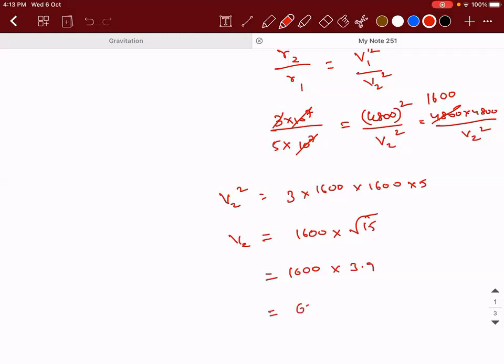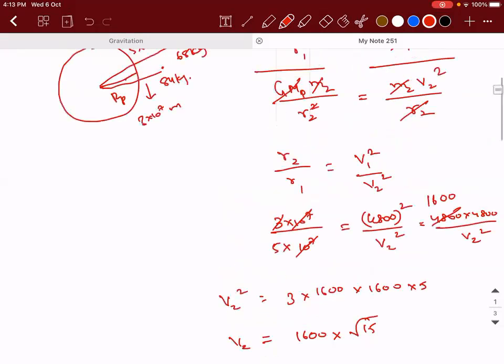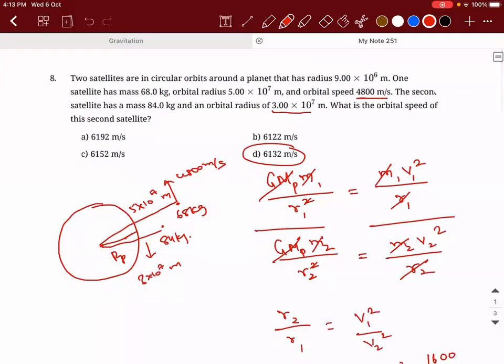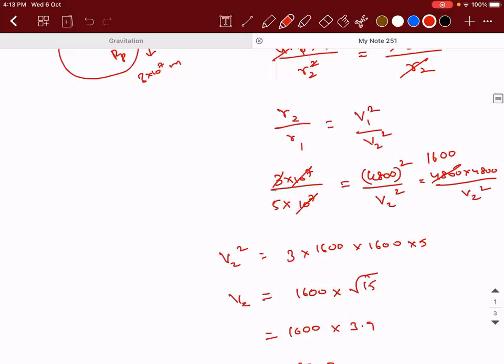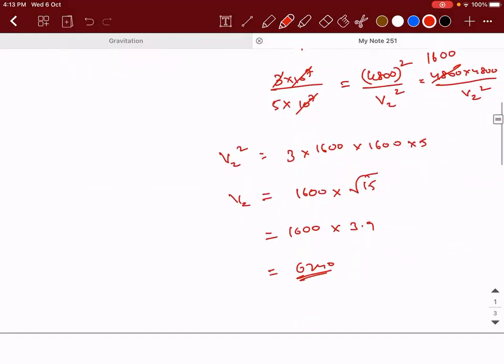I got 6,240 somewhere. Sir, I just directly wrote V2 is root over V1 square into R1 upon R2. Okay, it's the same thing. Yes, sir. So 3 into 1,600. So 1,600 into root 15.